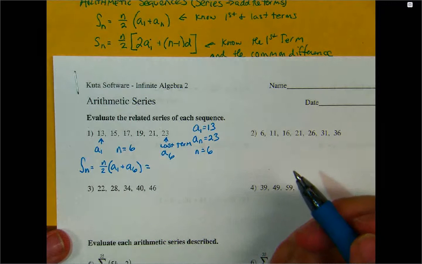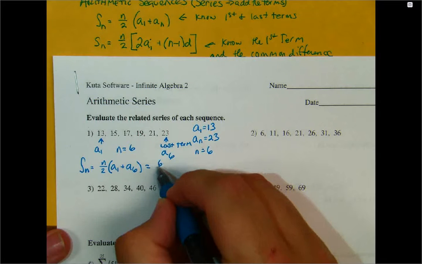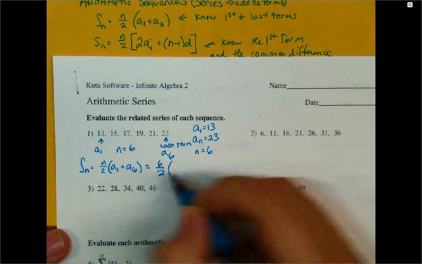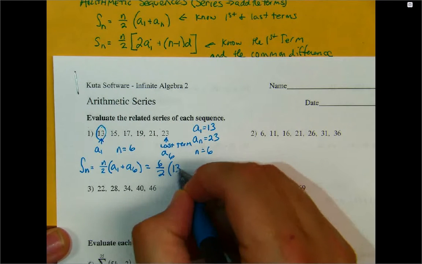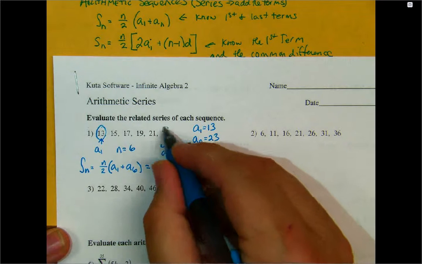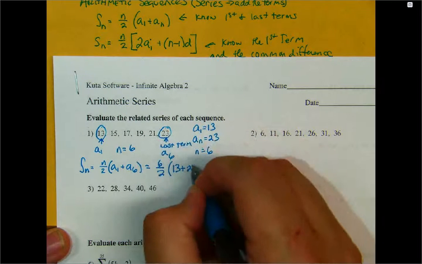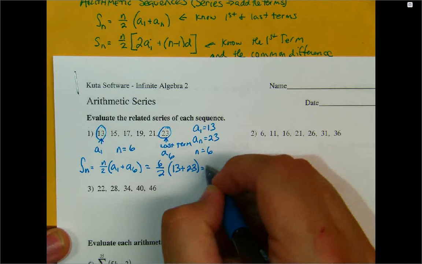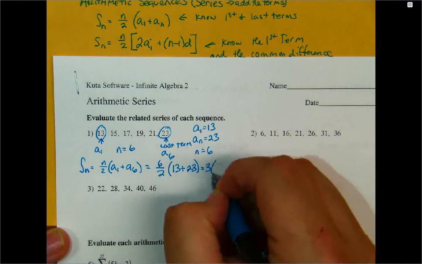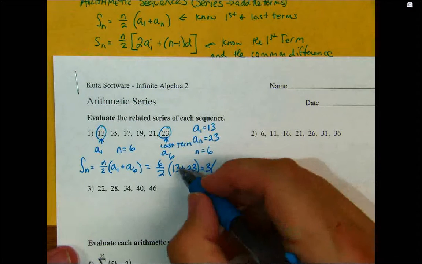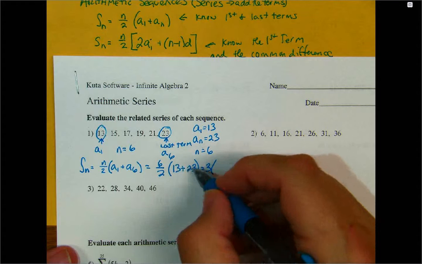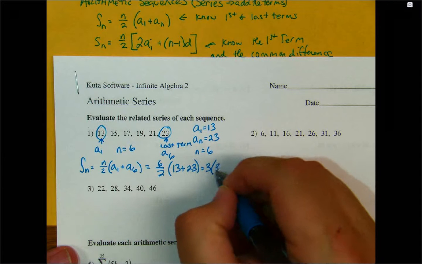So we get 6 over 2 times the first term, which is this guy right here, 13, plus the last term, which is 23. So now we're going to get 3 times 36. That's 18, carry the 1, that's 108.